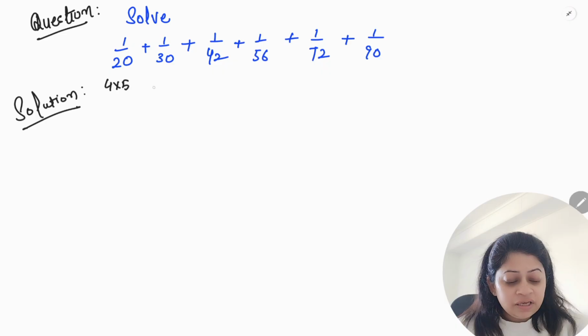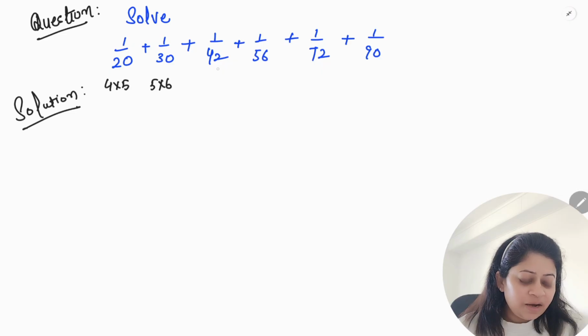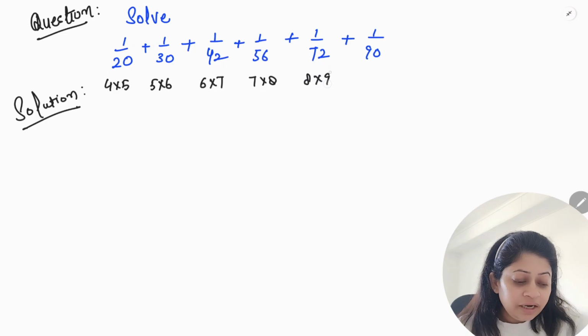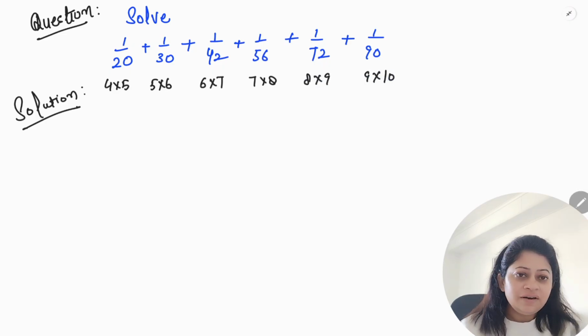So 30 can be written as 5 times 6, okay? We are actually getting a pattern. If we see 42, it is 6 times 7, 56, 7 times 8, 8 times 9 is 72, 9 times 10 is 90. That means there is a pattern.